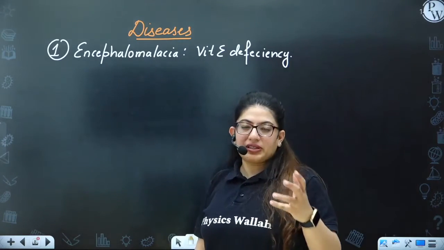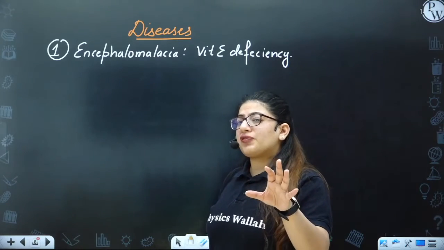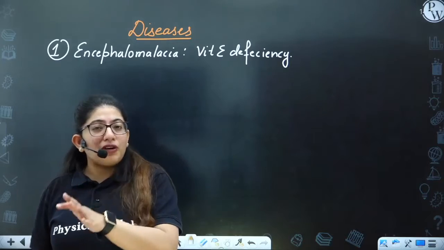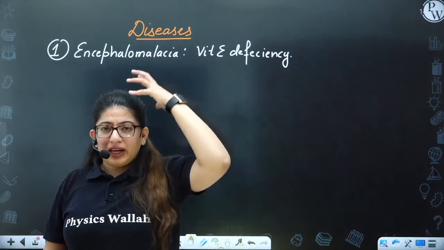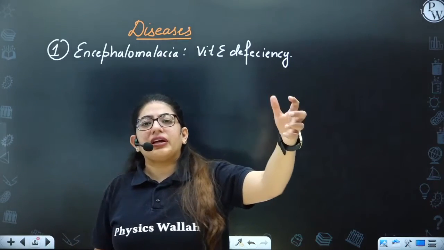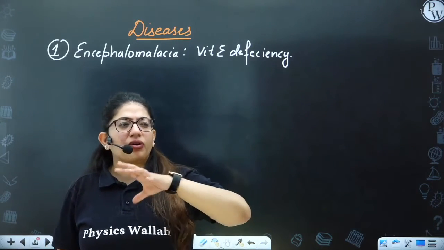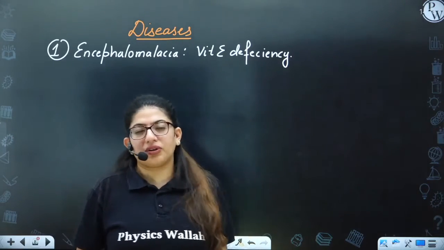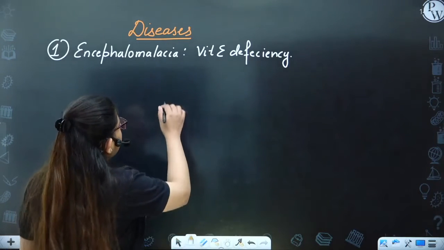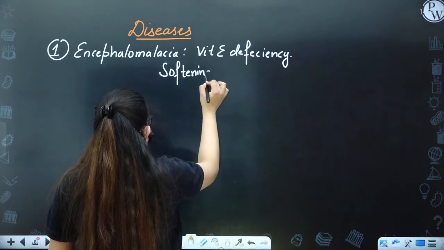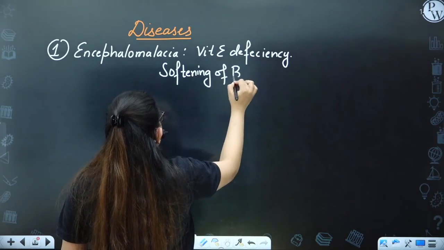So what happens in this? Whenever the word encephalo comes in biology, that means head. Due to deficiency of vitamin E, the brain tissue gets soft and later on degenerates. Or you can say the brain tissues degenerate, not the entire brain. So here, what happens is softening of brain tissues.